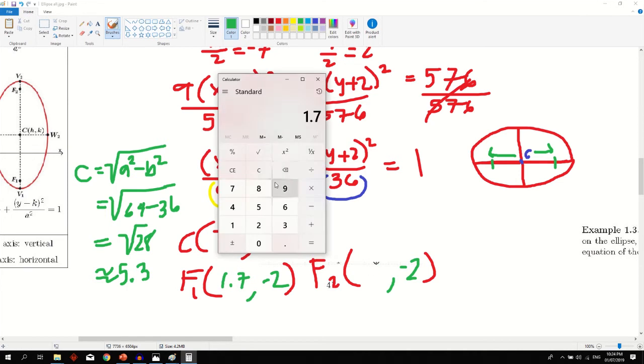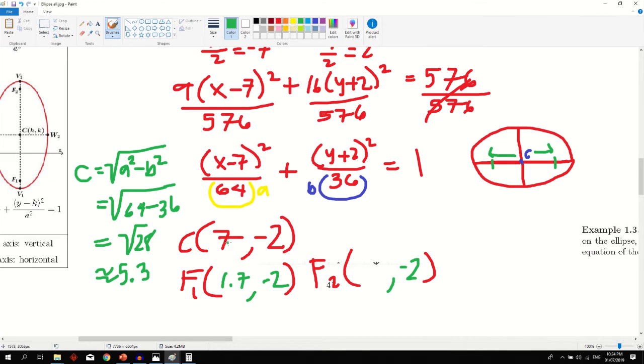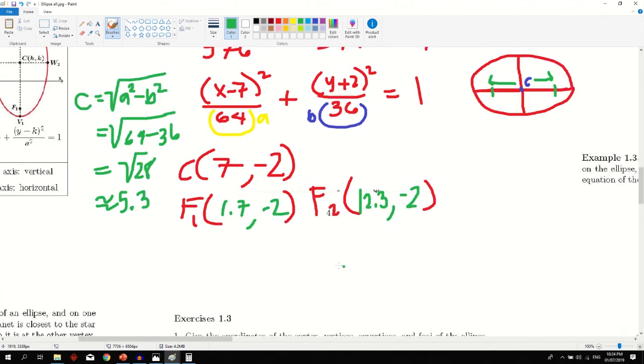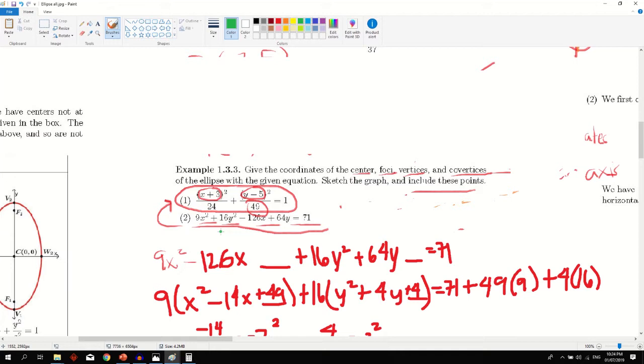Then the other one we add, so 7 plus 5.3, 7 plus 5 is 12, plus 0.3 is 12.3. Okay, so we have now the two foci.